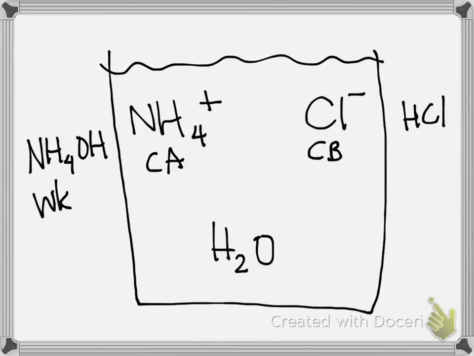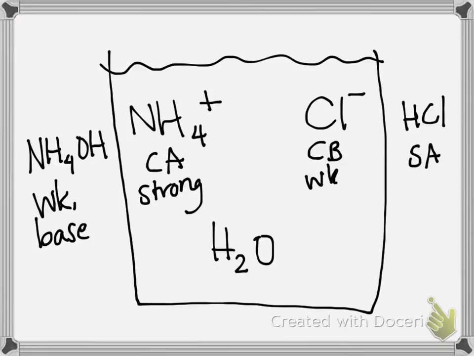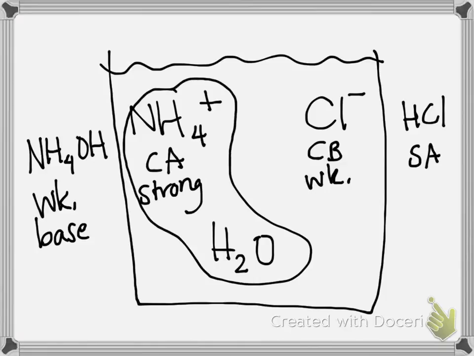NH4OH is a weak base, so this is a strong conjugate acid. HCl is a strong acid, so it's got a weak conjugate base. So that means my strong conjugate acid is going to react with the water.